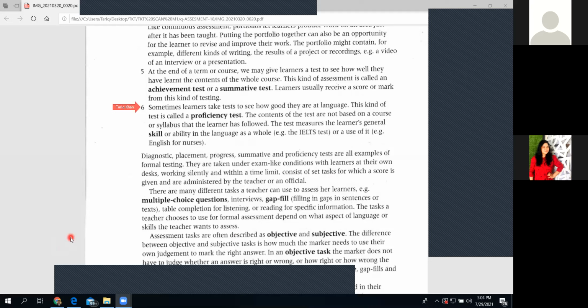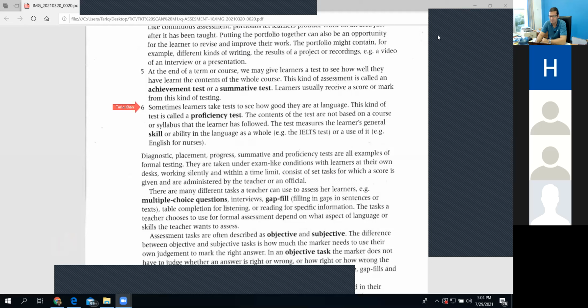Proficiency test, we don't consider the requirement for the course, but in the diagnostic one, we have to think of what they know and what they don't know regarding the course they are going to follow. Say it again a little bit in short. In diagnostic test, we just have to test what they know and what they don't know regarding the course.